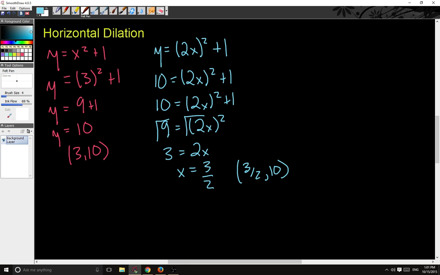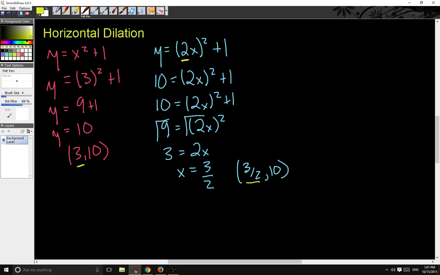This is interesting because our 3/2 is half the size of our original x-coordinate, and when we horizontally dilated our graph by 2, 1/2 is the reciprocal of 2, which is what you have to multiply by to get from 3 to 3/2.